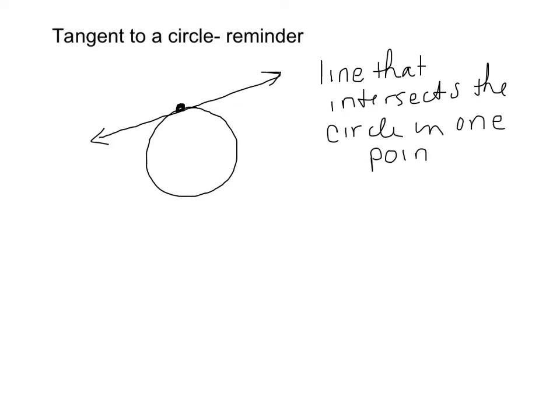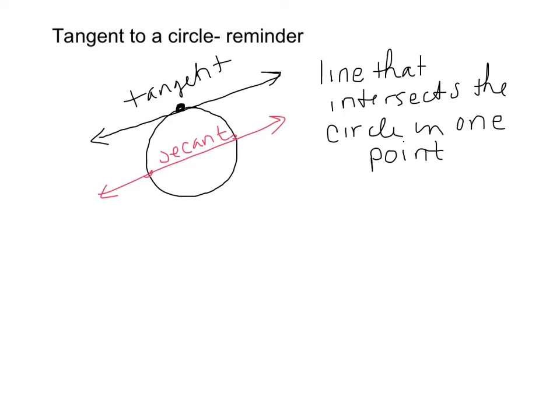If it intersects at 2 points, if it goes through like this, this is a secant, and this is a tangent. Either it intersects it or it doesn't. And so you'll either have a tangent, a secant, or a line that doesn't intersect the circle at all.